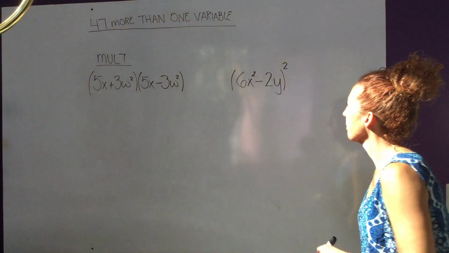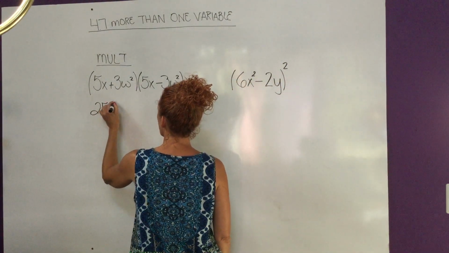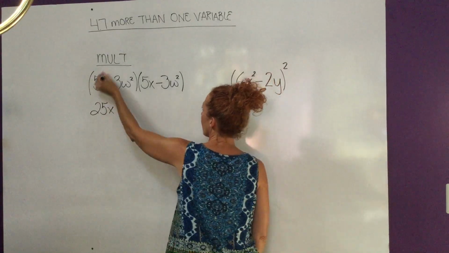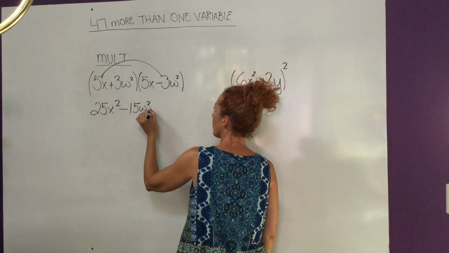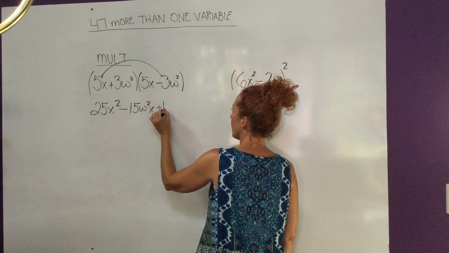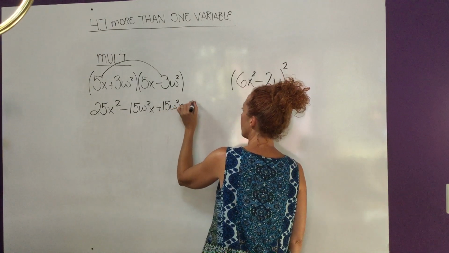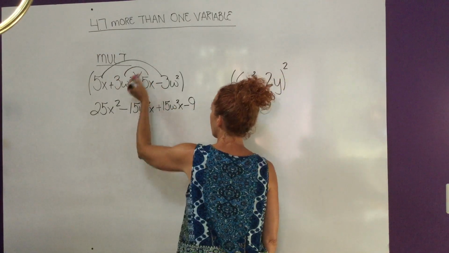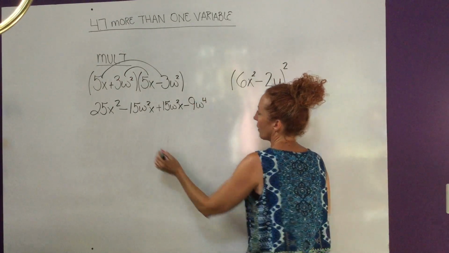All right, here we go. 5x times 5x is 25x squared. The outside piece minus 15w squared x, again alphabetical. The inside piece is a positive 15w squared x, and the last is a negative 9w to the 4th.